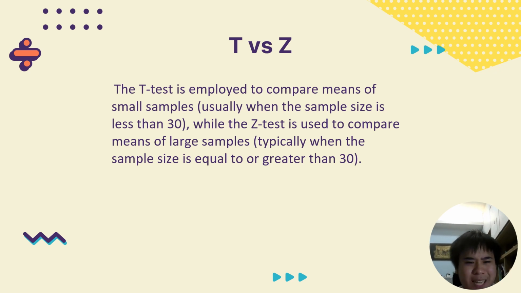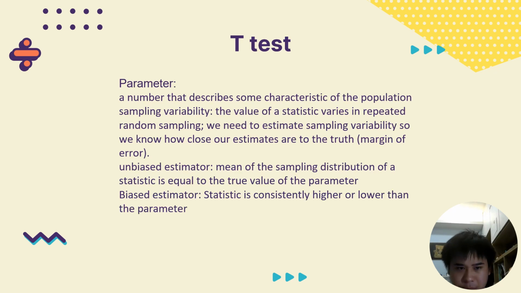Simply put, the t-test is employed to compare means of small samples. T is for small samples, usually when the sample size is less than 30, while the z-test is used to compare means of larger samples, typically when it's greater than 30. That's an easy way to decipher when to use t and z-test.